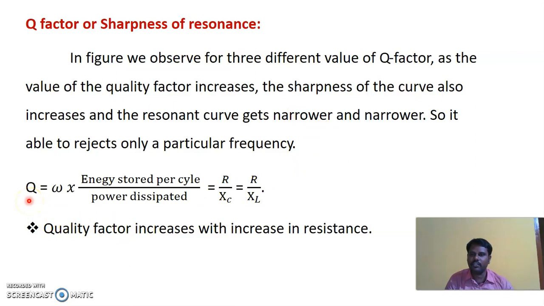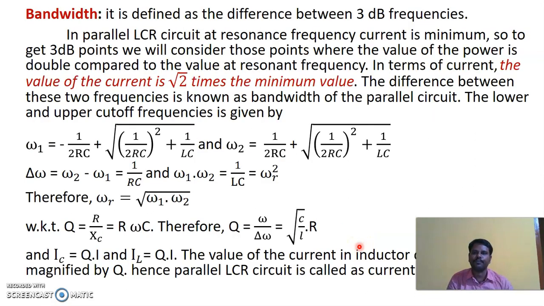The Q factor is given as R over XC, or it can be written as R over XL. It is also defined as omega into energy stored per cycle to the power dissipated. Please note that the quality factor increases with increase in resistance.